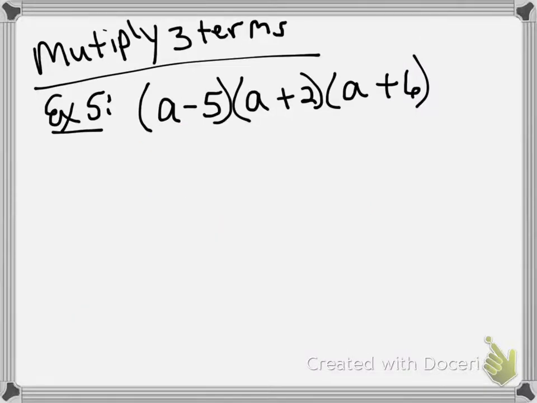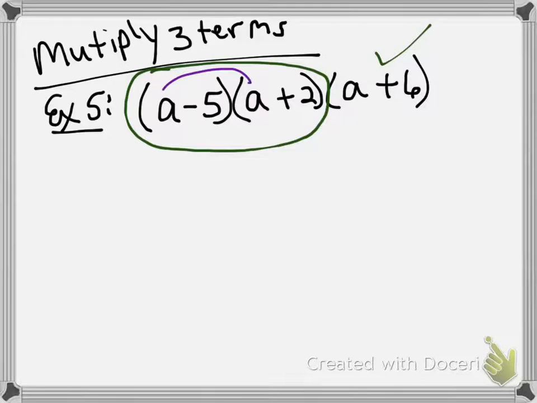Alright, so now we're going to try one where we have 3. If you have 3 polynomials, then you're going to start out with the first 2, and we're going to multiply that first, and then we'll bring the third one in afterwards. So this is going to be FOIL. I'm just going to do a times a times 2, negative 5 times a, negative 5 times 2.